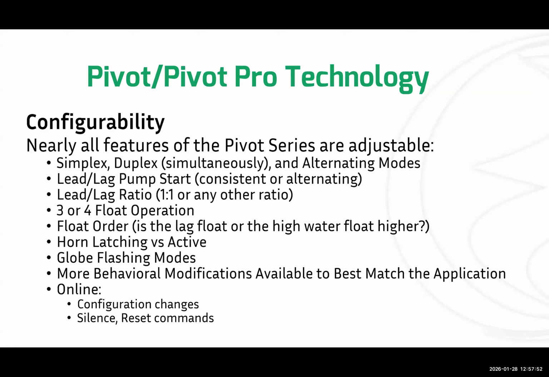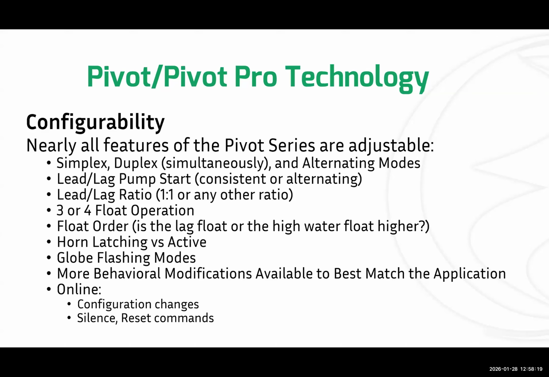So a 4 float operation means your lag float and your high water alarm are separate. If you have a 3 float operation, the highest float in the tank actually ties together the lag and the alarm operation. We recommend that for the majority of applications because typically one pump will be sized sufficiently to handle the load.